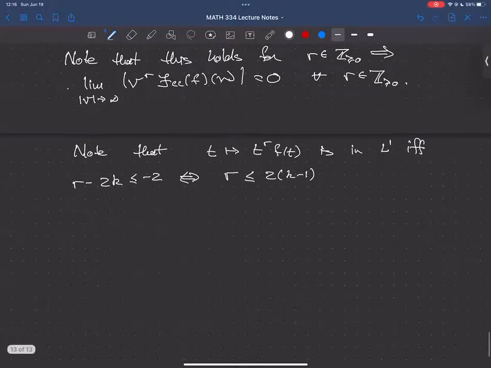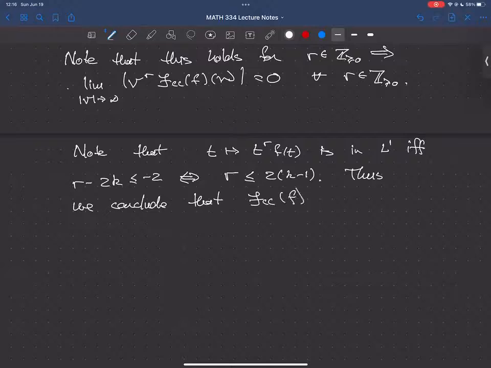Okay, and so therefore we can conclude that the CCFT of f is C to the 2k minus 1 of R. Okay.